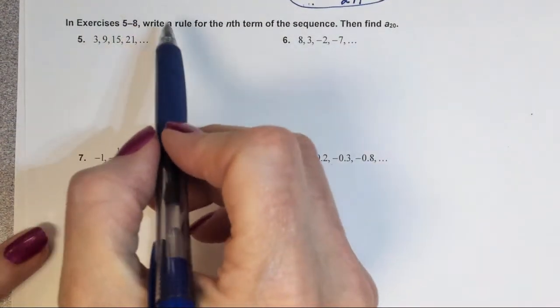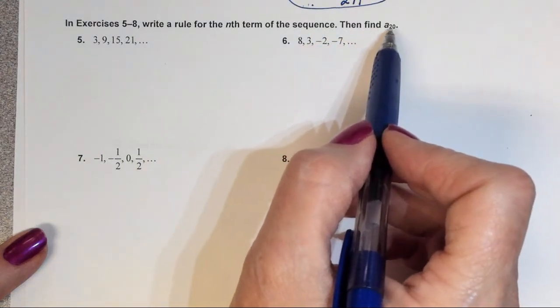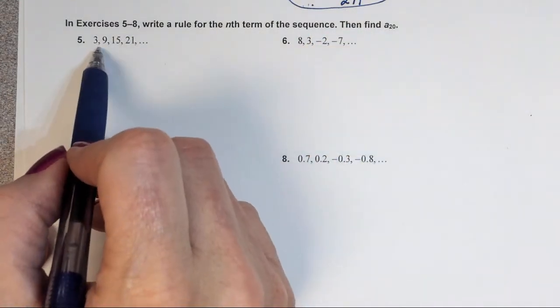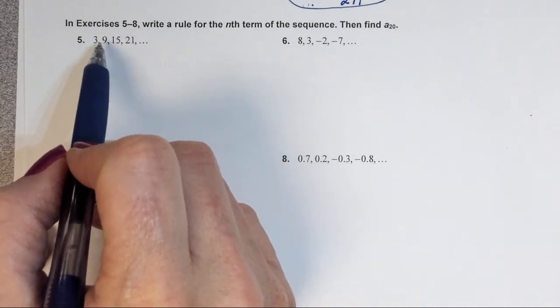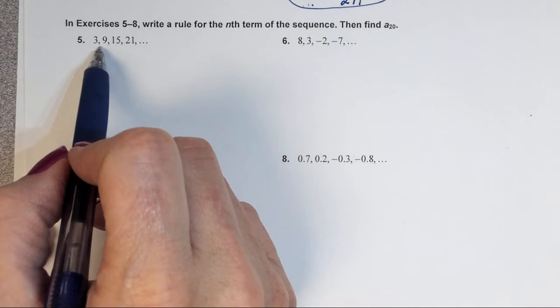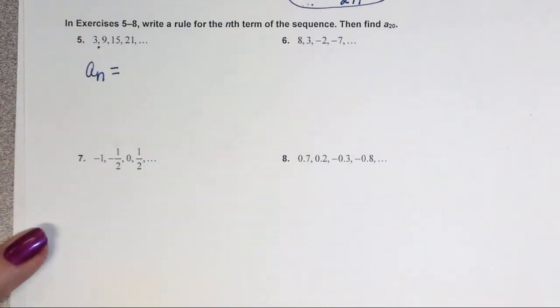All right. Write a rule for the nth term of the sequence, then find a sub 20. Guys, you can do this any way you want. If you want to use our new formula, you can, but a lot of you can probably do this without our new formula even faster. Can anyone tell me what it would be using the method I showed you before?